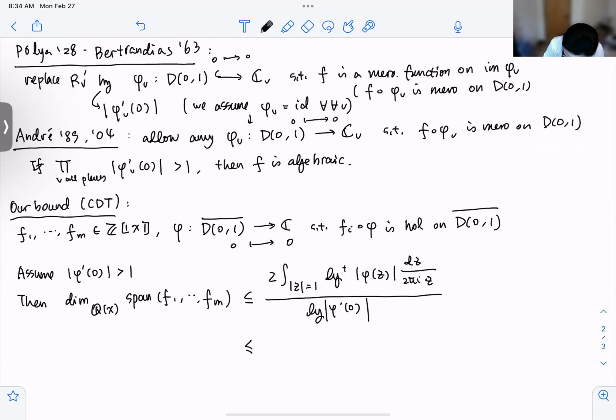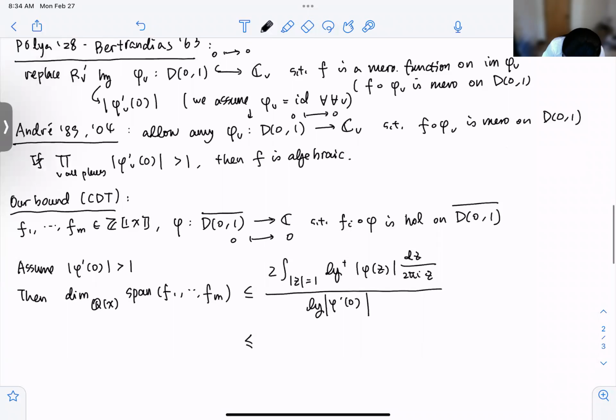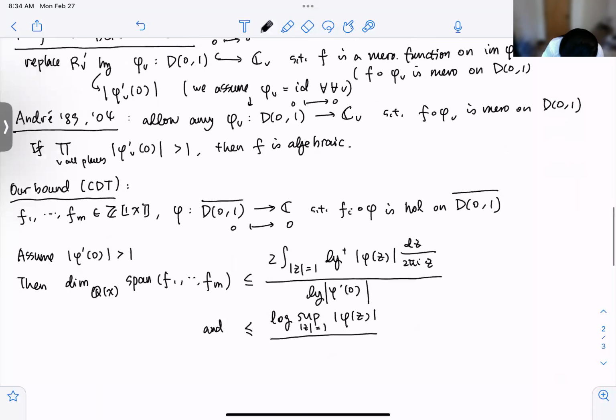And we'll have a differently looking bound, so basically you can take the minimum of these two bounds, depending on how one could actually compute the constants. I'll put it as an end.